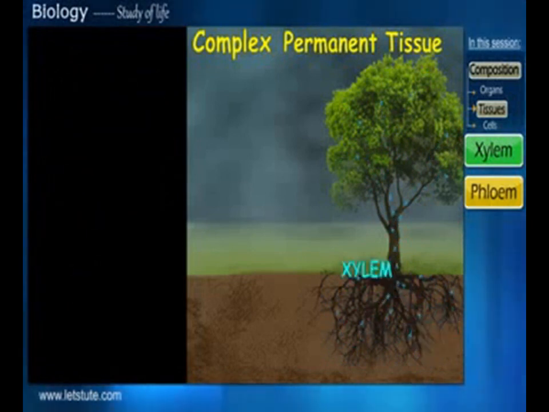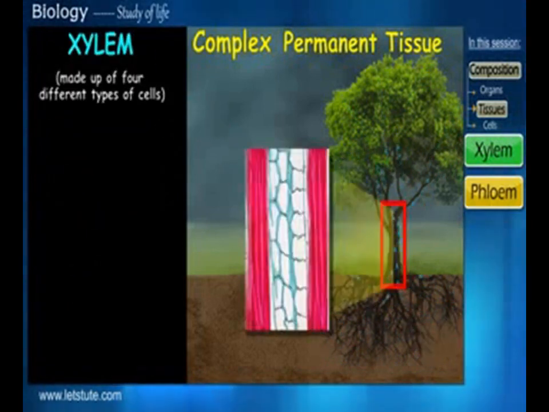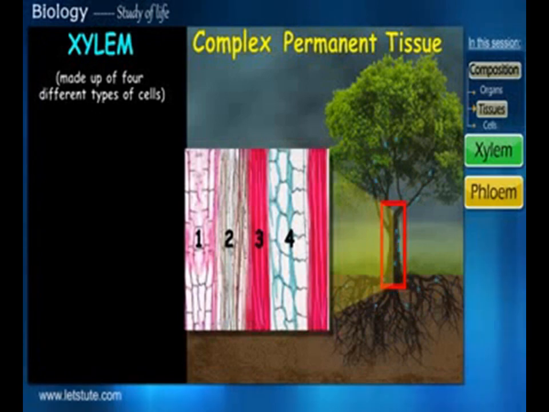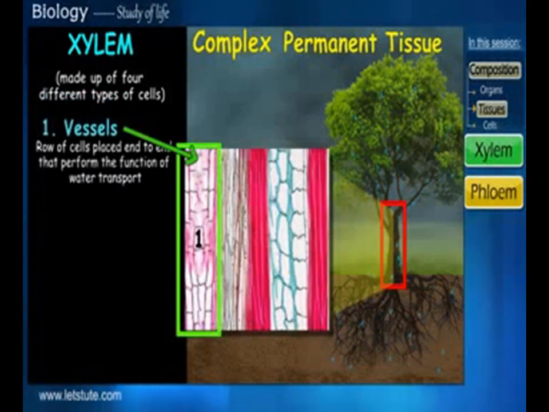This complex tissue named xylem is made up of four different types of cells. Let's look at them one by one in detail. The first one is vessels. Now vessels are the most important cells in this type of tissue. Structurally, they are like a row of cells placed end to end, which are specialized in performing the function of water transport.